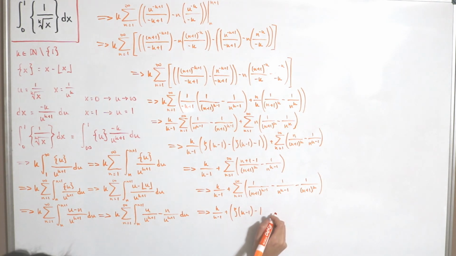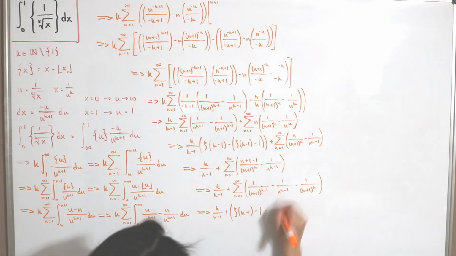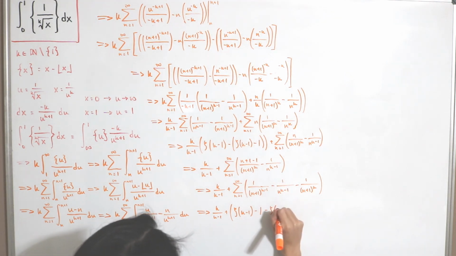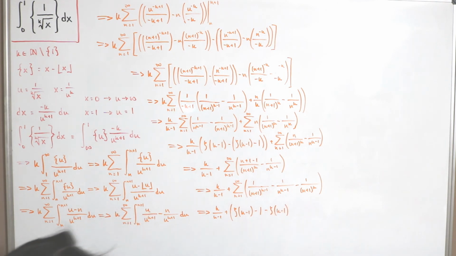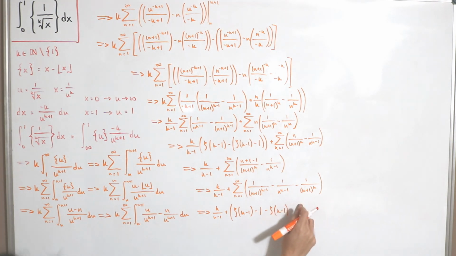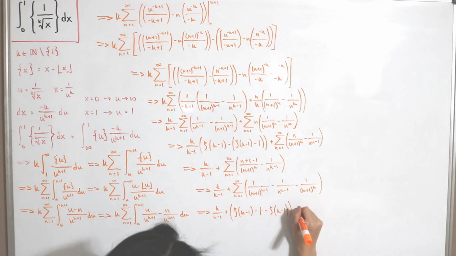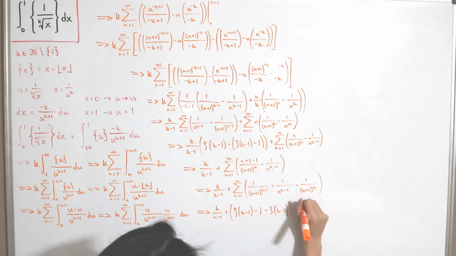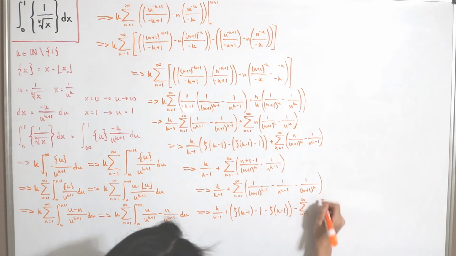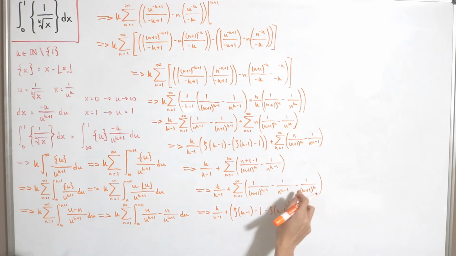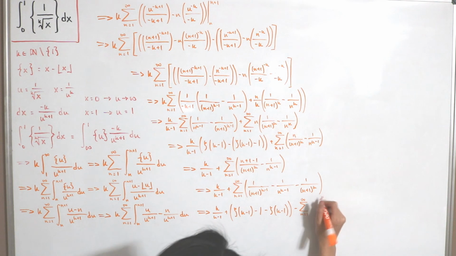Okay, and then subtract that with, now this is also a Riemann zeta, so this is Riemann zeta of k minus 1. And over here, we still have that sum to evaluate. We have the infinite sum, and it's a minus, so it's still fine.